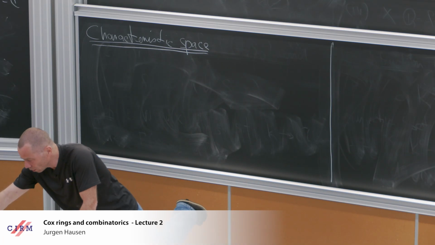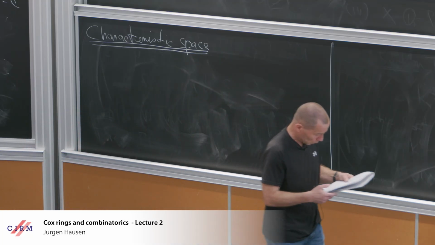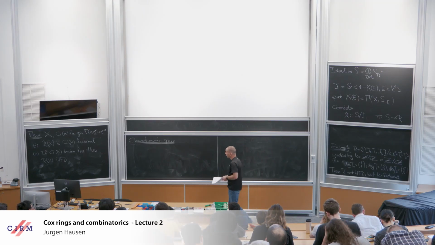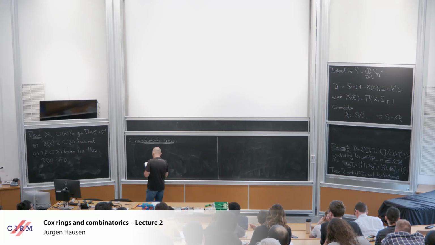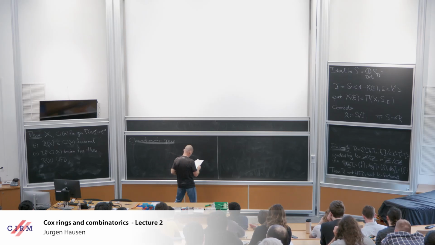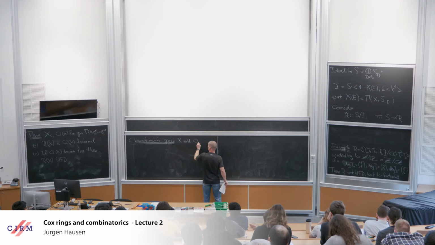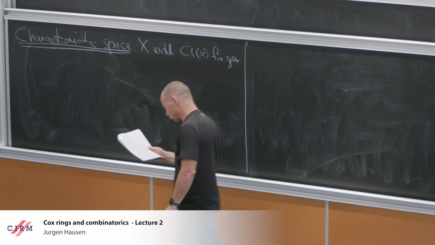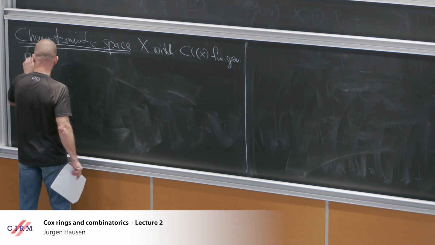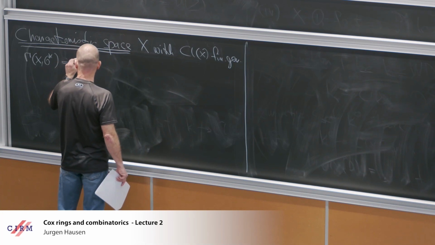So, we are going to associate a geometric object to the Cox sheaf. Finitely generated divisor class group, we want all invertible global functions to be constant.